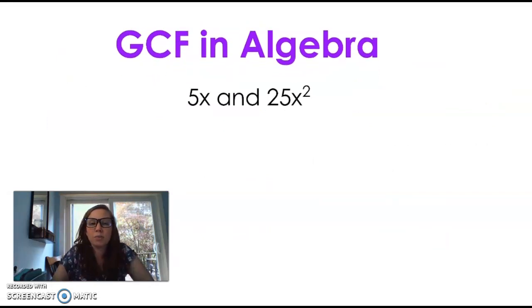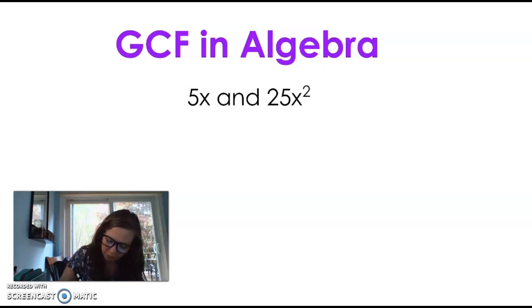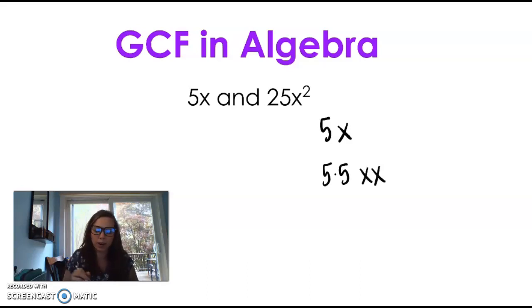So in algebra, we can have two things in common. We can have a greatest common factor number, like the coefficient, and also how many of a variable you have in common. So if you look at 5 and 25, we can just list them out. We have 5x. That is as simple as that gets. And the prime factors of 25 are just 5 and 5. And then we'll just expand out the x squared.